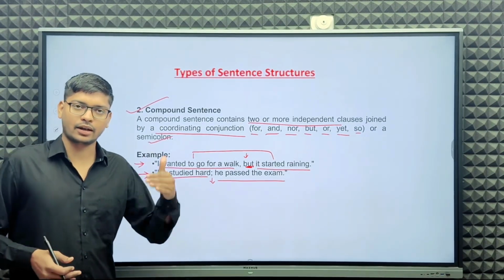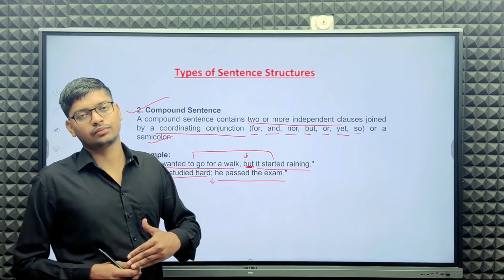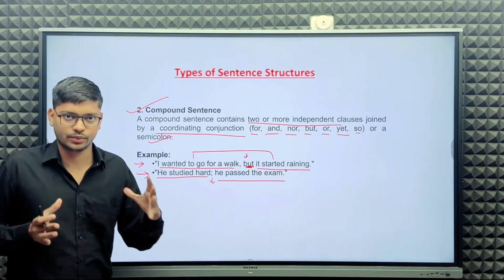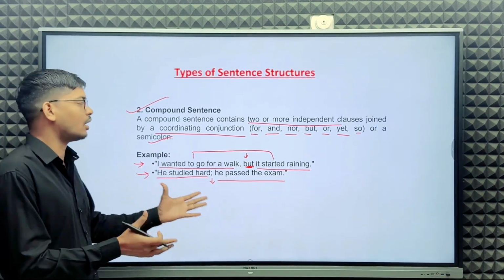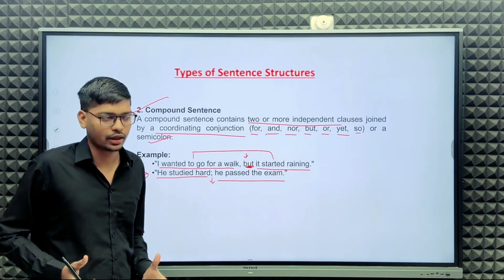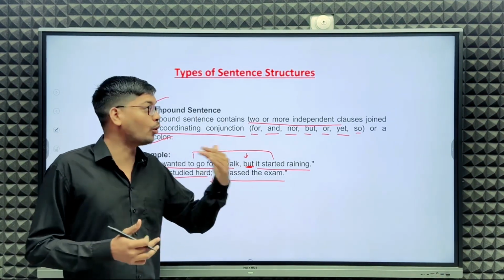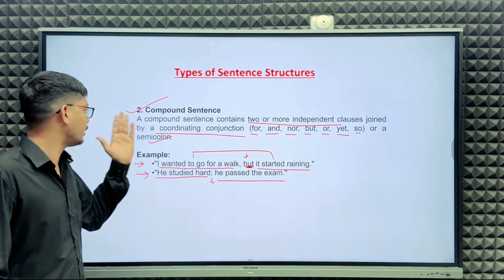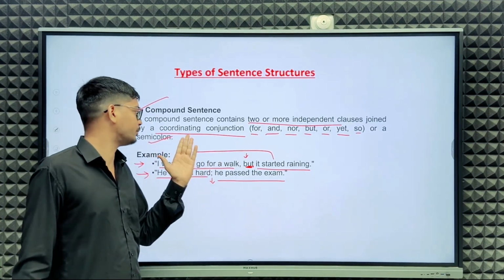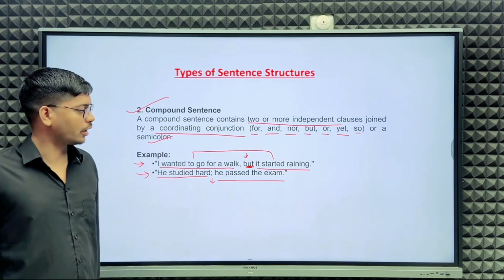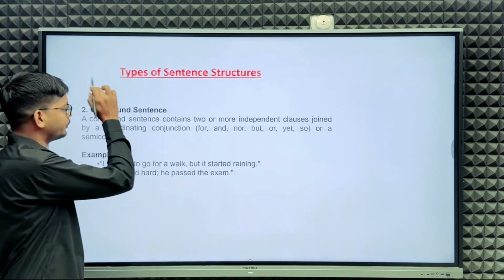If there is a semicolon, we can say this is a compound sentence type. A compound sentence contains two or more independent clauses joined by a coordinating conjunction. Okay, let's move on to the next type.